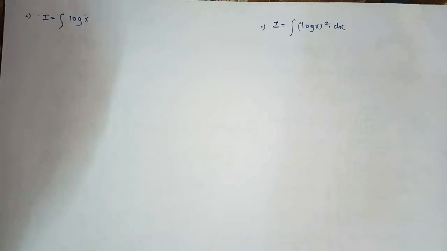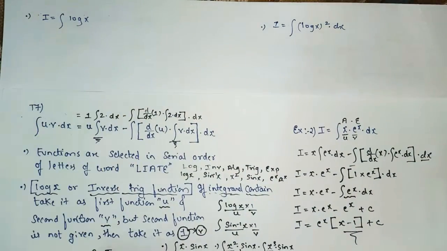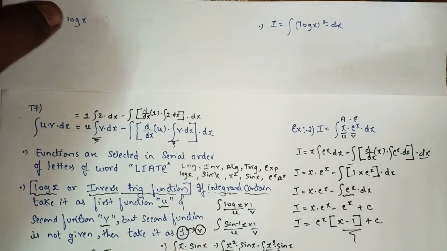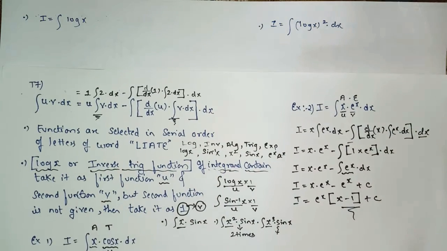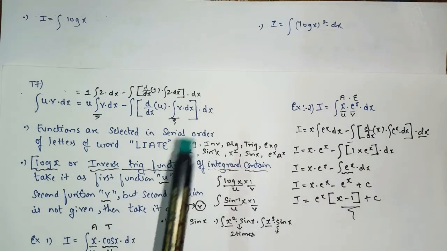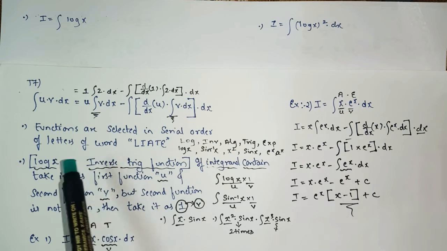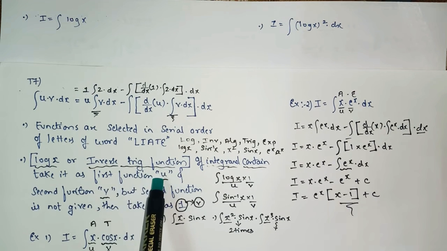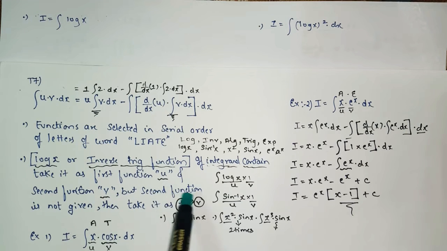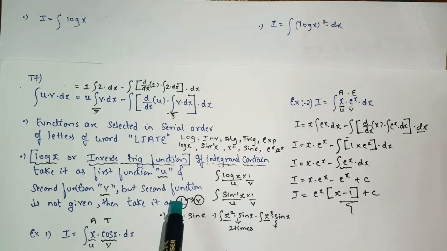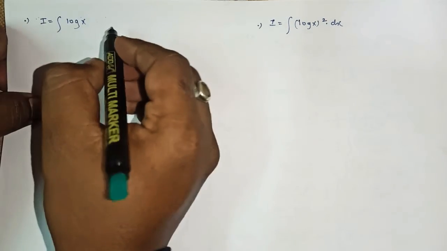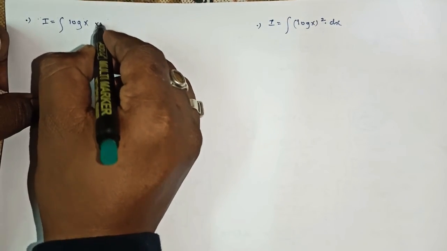Okay, so let's take some few examples. Here we have only log x and here we have log x the whole square. While explaining the concept, I told that whenever the integrand contains only log or inverse trigonometric function, take the first function as u and the second as v. But if the second function is not given, then take it as 1. So 1 we have to consider as v. Here we have only one function, so we multiply this function by 1.